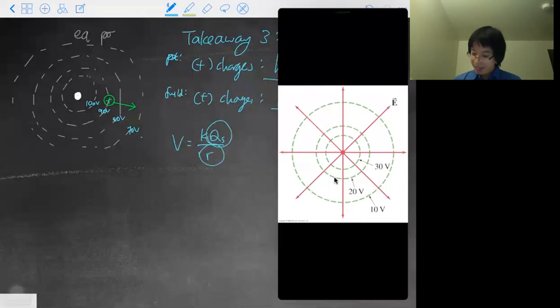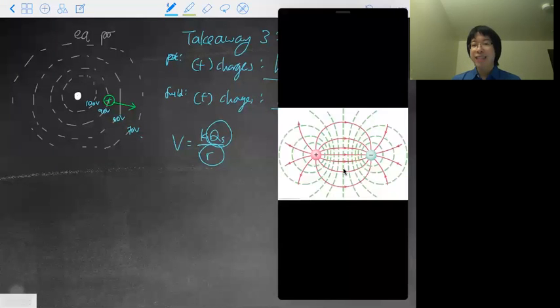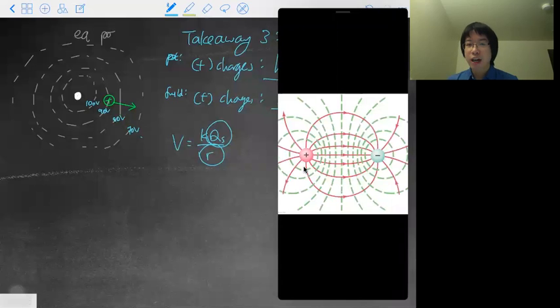Okay. All right. So I'm not going to draw this out, but you can see if I have a dipole, remember, di means 2, pole means 2 charges. These are the field lines, and the surfaces intersect at 90 degrees. And the potential will go from high potential to low potential as well if you actually calculate the numbers. This time you'll need to add up the 2 potentials.